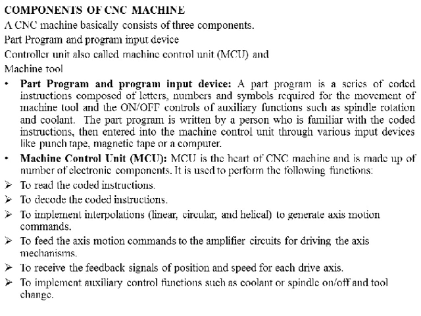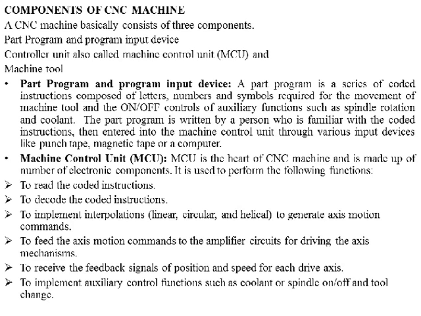It is composed of letters, numbers and symbols that are required for the movement of the machine tool, and it also consists of the instructions regarding the on and off control of the auxiliary functions such as spindle rotation and coolant on off, etc. These part programs are written by a person who is familiar with these coded instructions, and these are entered to the machine control unit through various input devices like punch tape, magnetic tape or a computer.